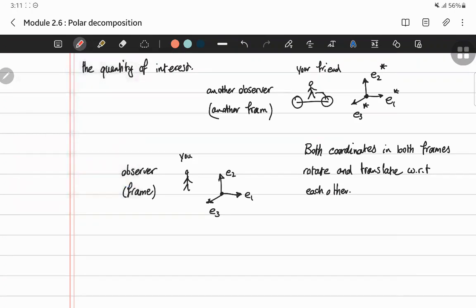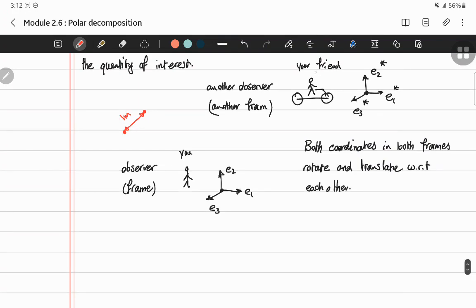Suppose you have a point in here and a point in here, and the distance between these two points is ds, or let's say it's 1 meter, for example. From your point of view, or from your frame, it is 1 meter, and from your friend's point of view, it is also 1 meter. It is also 1 meter if your friend starts cycling in an arbitrary path. It remains 1 meter.